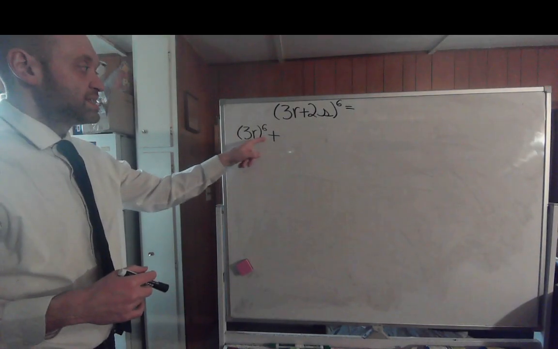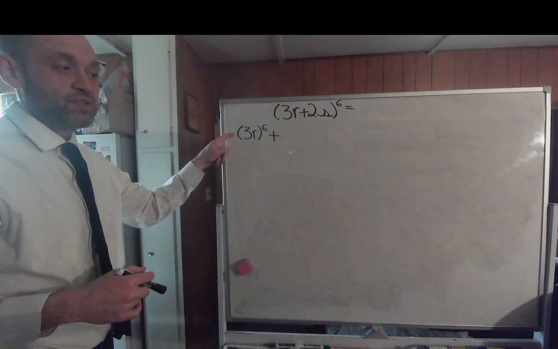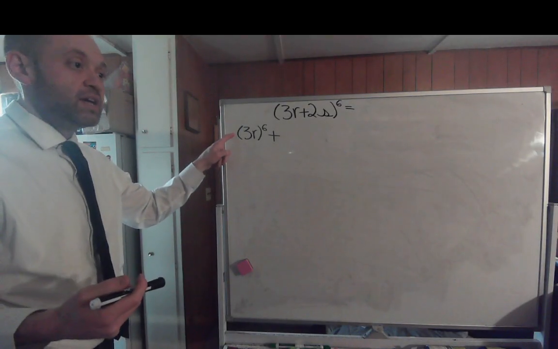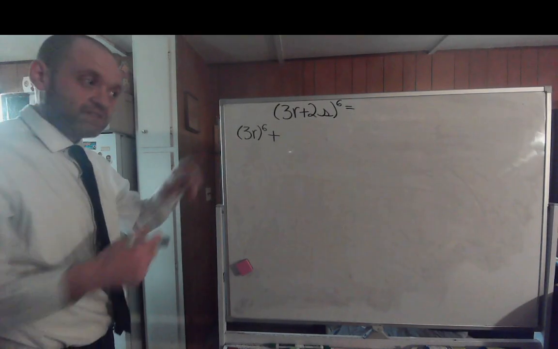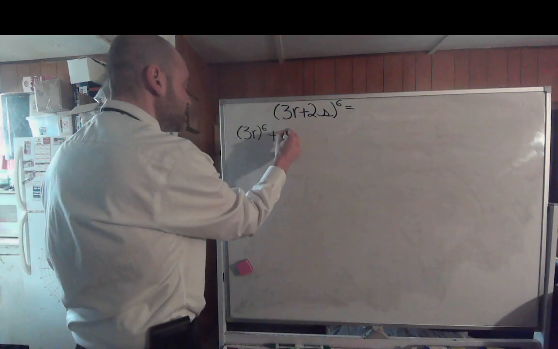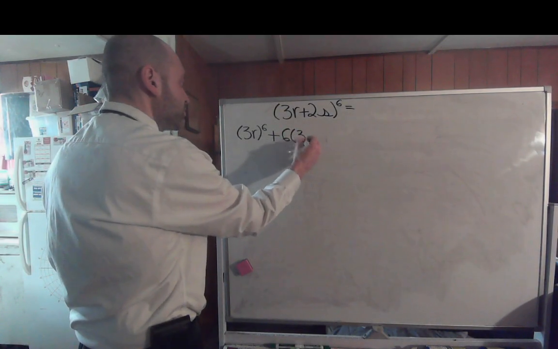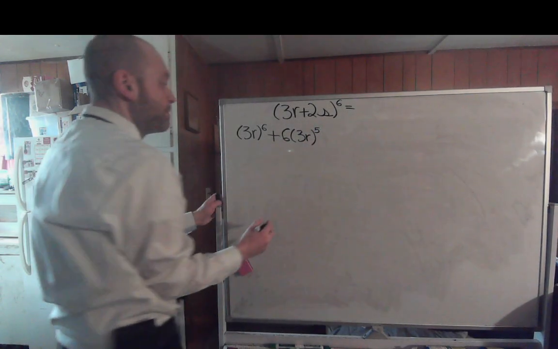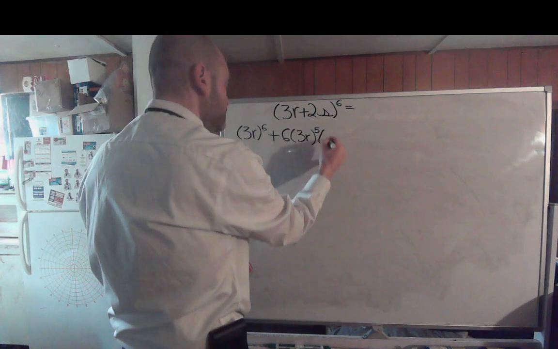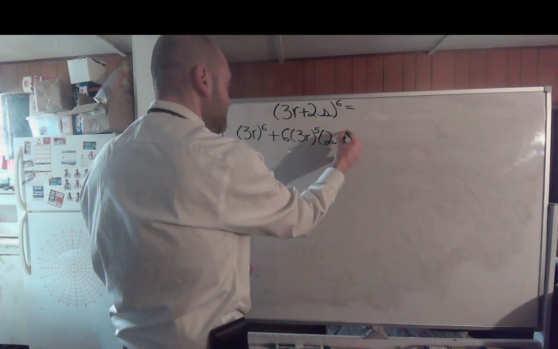So multiply that 6 times that 1 outside the parentheses, which is 6. Then divide by the term you're on, which is the first term. So 6 divided by 1 is 6. So you'll get 6 times the quantity of 3r, lowered 1 degree, so that'd be to the fifth, times your second term of 2s raised a degree, which would be to the first.